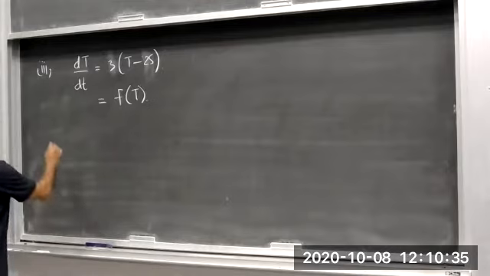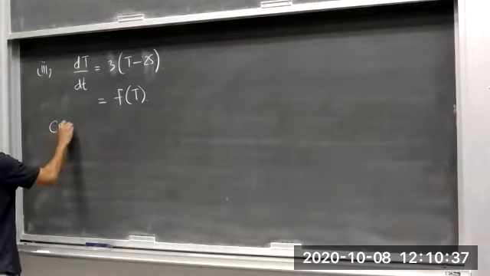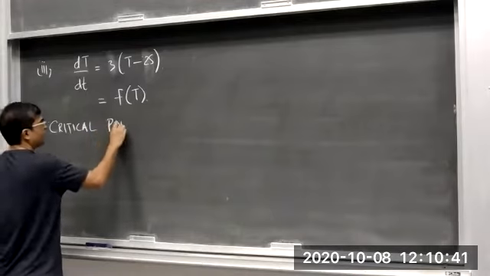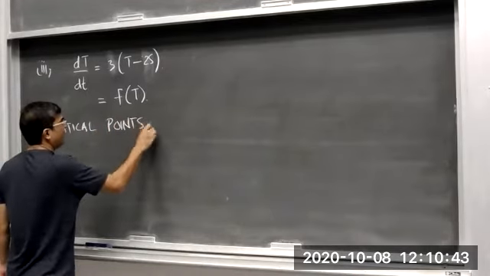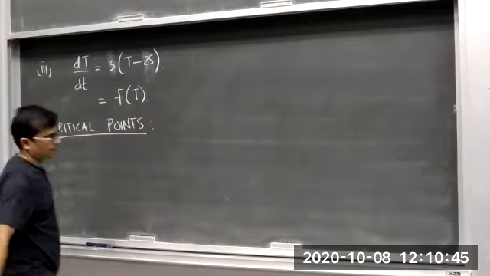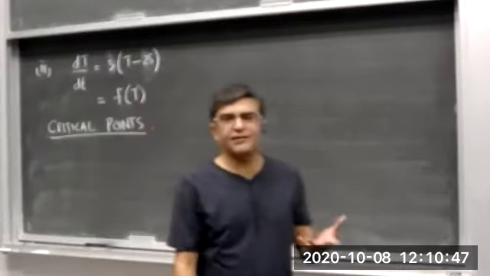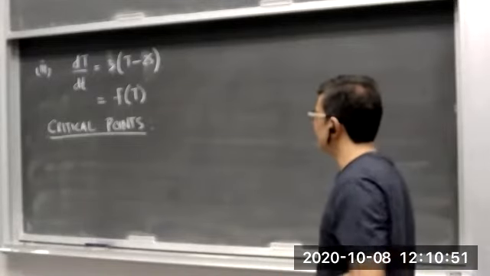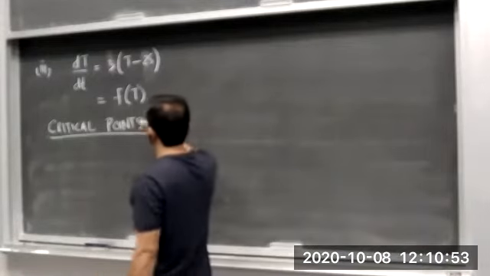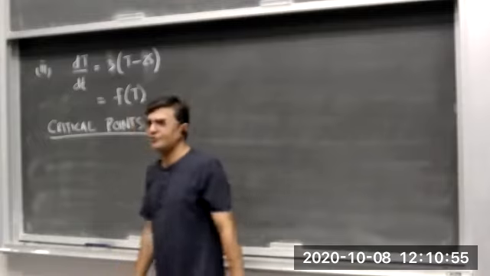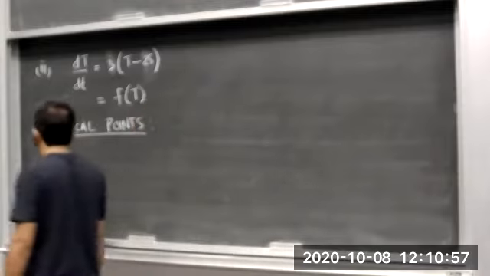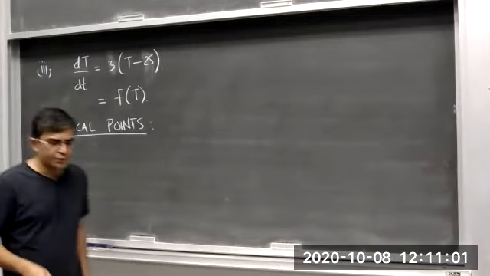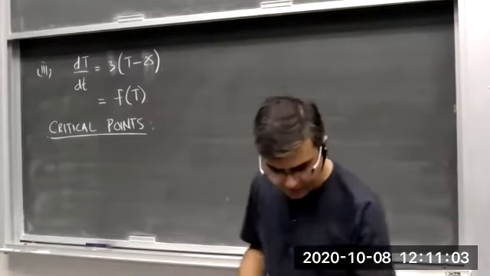Now, the critical points in autonomous differential equations are very important while making the direction fields of these kinds of differential equations. What are the critical points of autonomous differential equations? Let me write the proper definition.